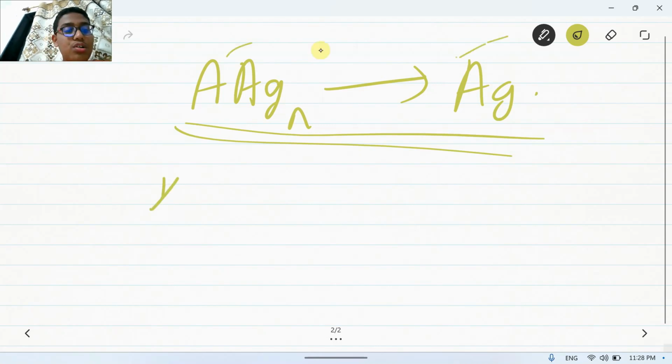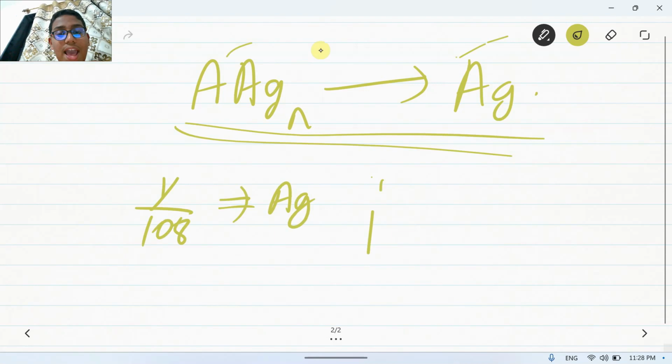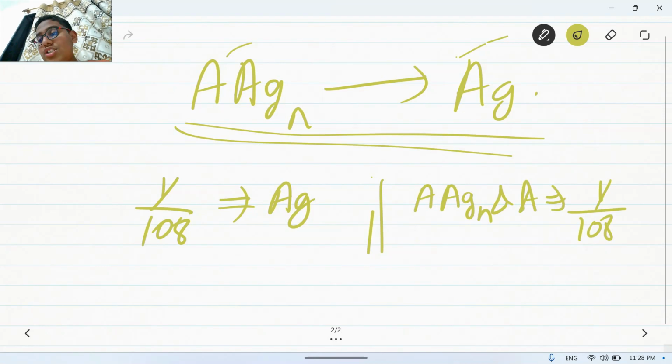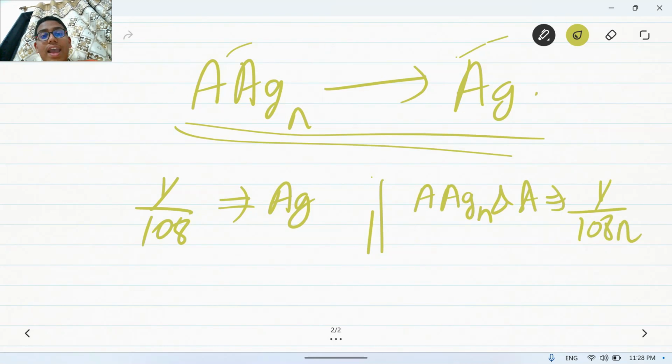So moles of Ag is this. Hence, moles of AgnA and of A are W divided by 108 divided by n, because 1 mole of AgnA has n moles of Ag in it.